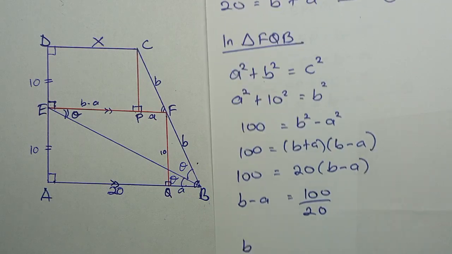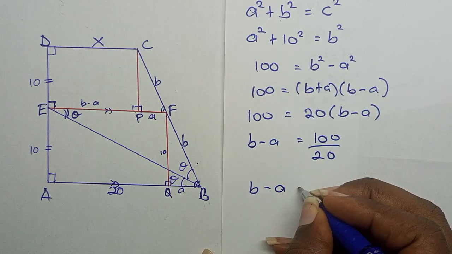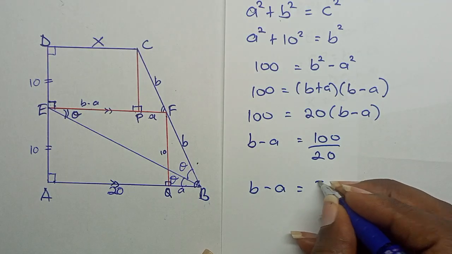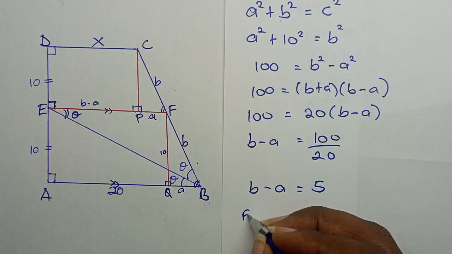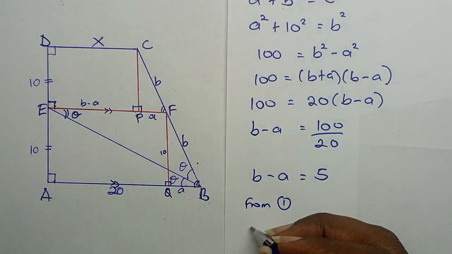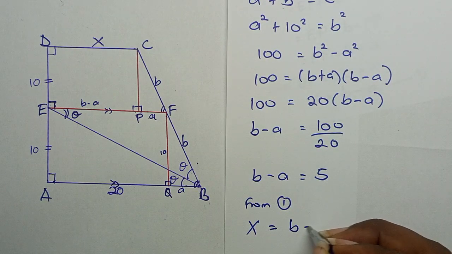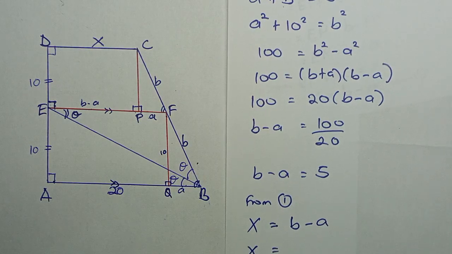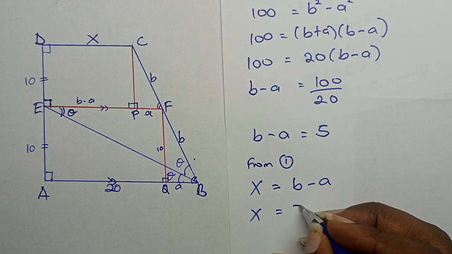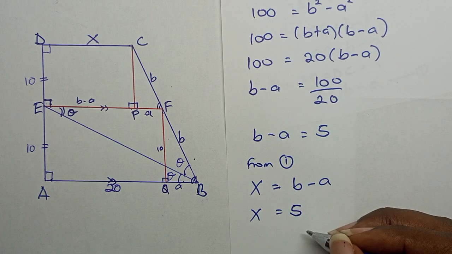Therefore, B minus A is equal to 100 by 20, which is 5. And remember, from our equation 1, we say that x is equal to B minus A, and we've got B minus A as 5. Therefore, x is equal to 5 units.